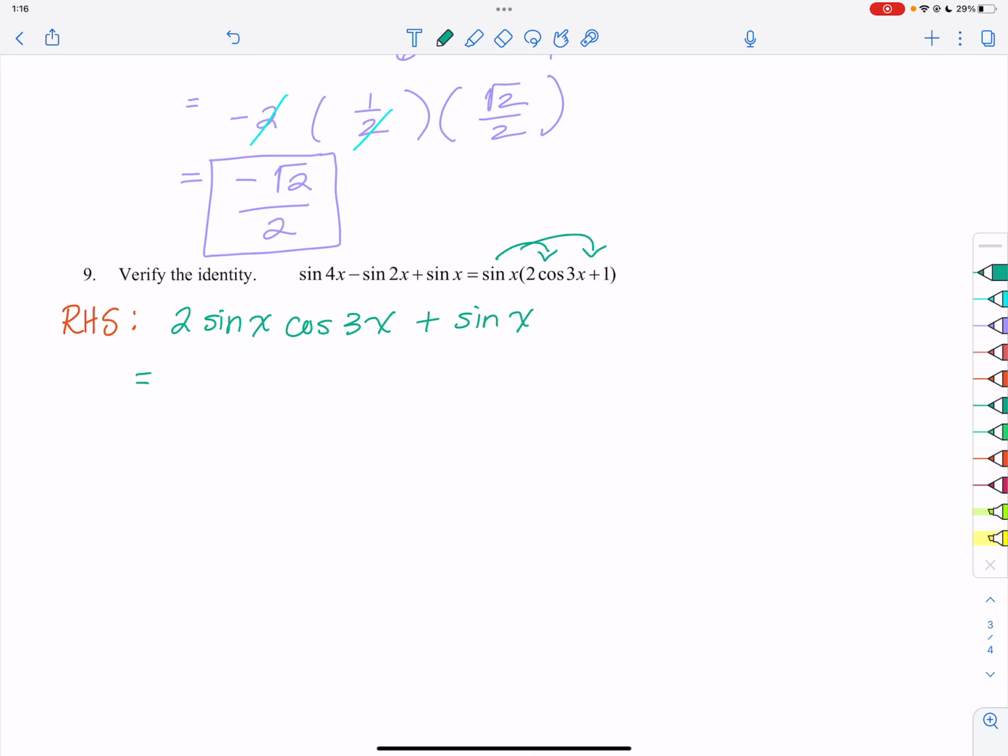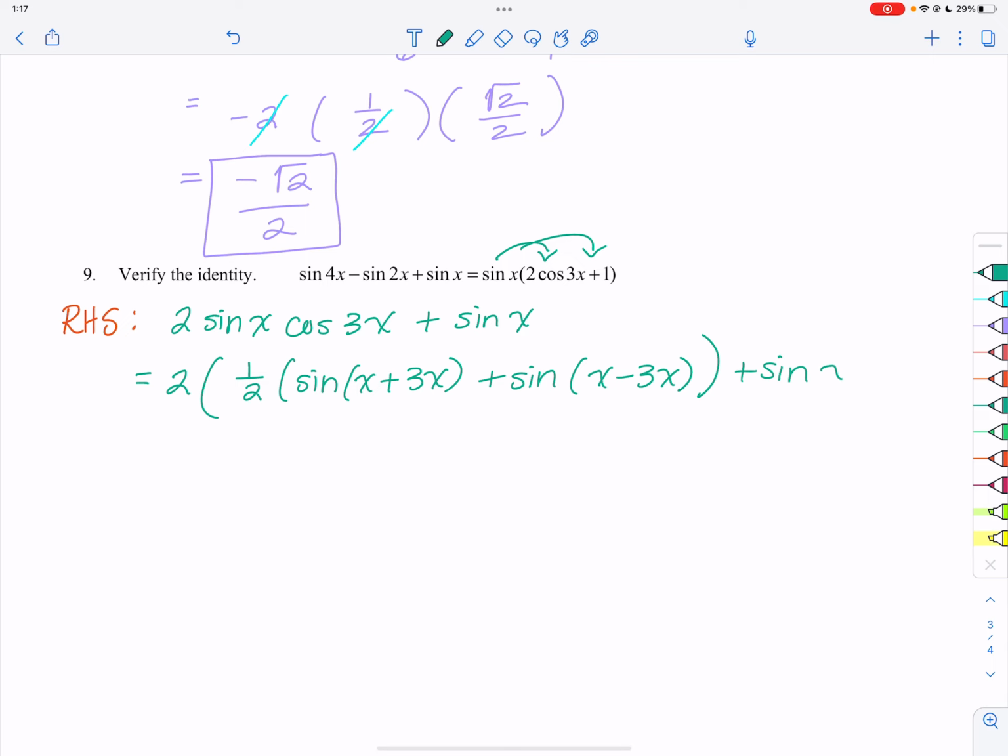So now we have that that's 2 times 1/2, and we have our product to sum, sine of x plus 3x plus the sine of x minus 3x, and we still have our sine of x.